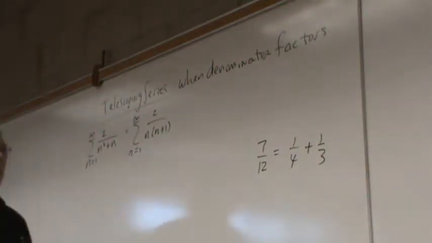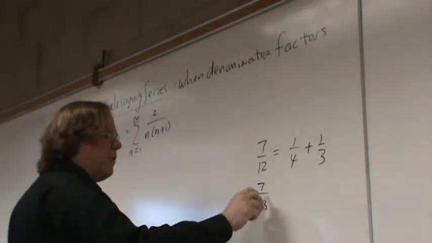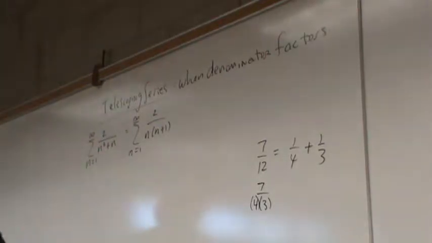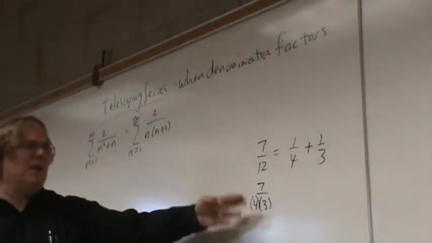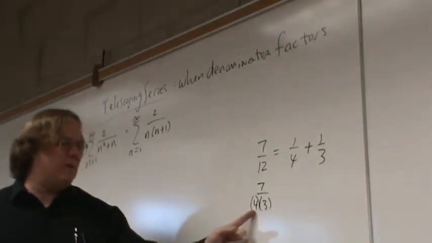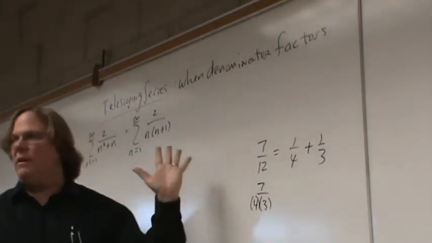You see? And I know that I can do this sort of thing because 12 factors into 3 times 4. And whenever someone presents you with a fraction where the denominator factors like this, you can always express it as the sum of 2 fractions where one of them is this denominator and the other is that one. So you get a common denominator, which is 12, and you get your answer.